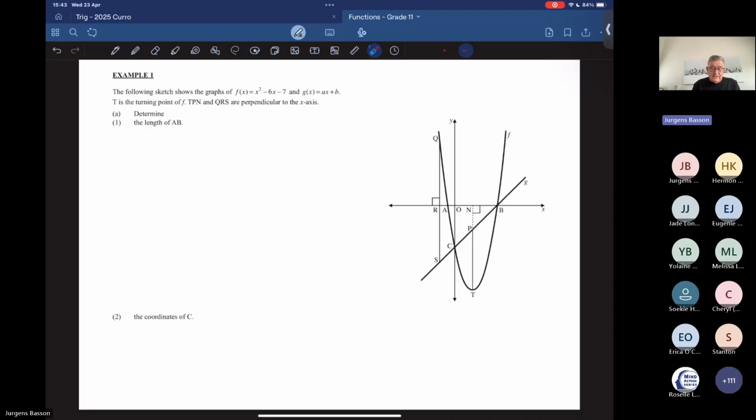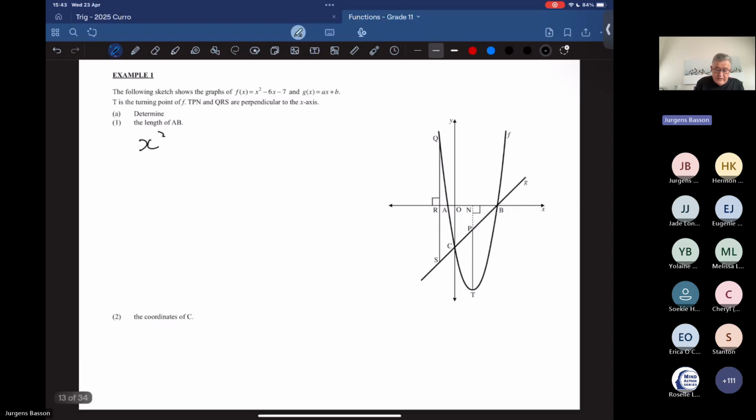The first question is, they ask us the length of AB. To find the length of AB, you will of course realize that is where A is and that is where B is, and those are the x-intercepts of the parabola. I'm sure all of you can find those x-intercepts, so I'm just going to write them down.